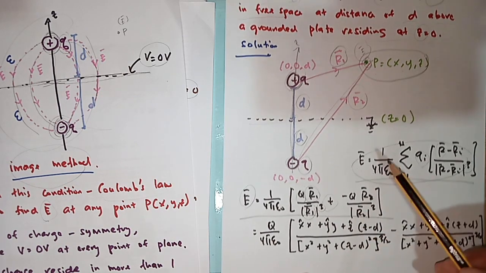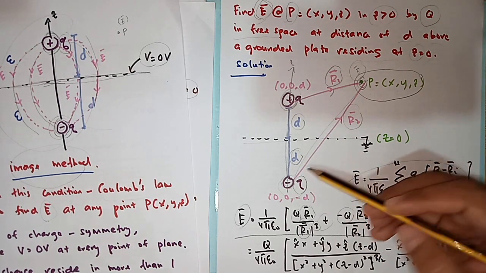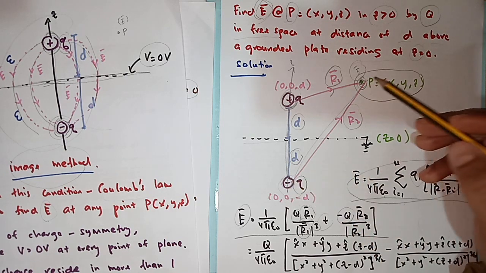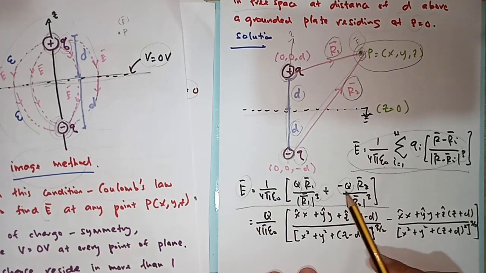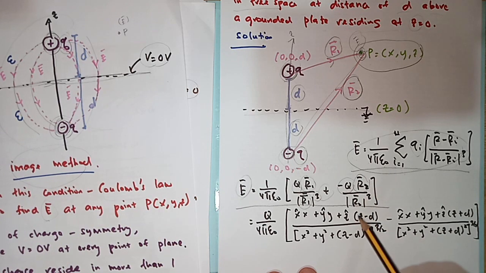Plus, the second charge is a negative Q, so here we have negative Q. The distance and direction between the negative charge and the test point is represented by this R2 vector, so we have negative Q multiplied by vector R2, divided by the amplitude of vector R2 to the power of 3.